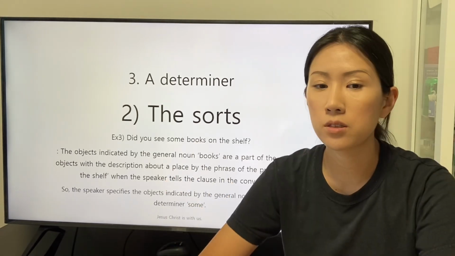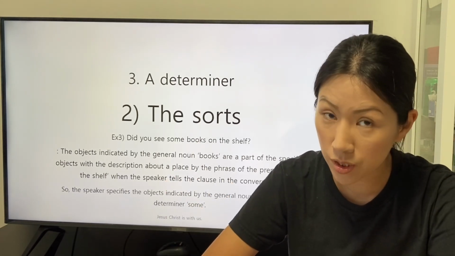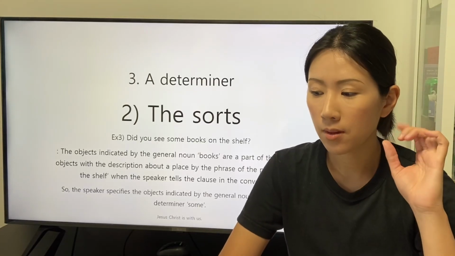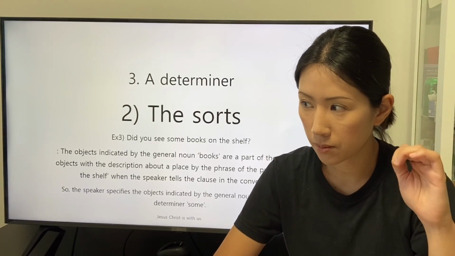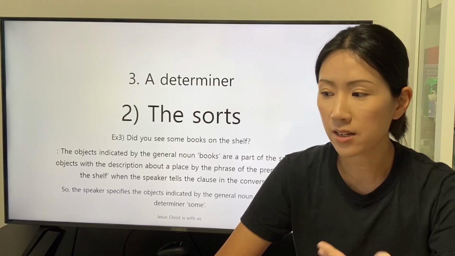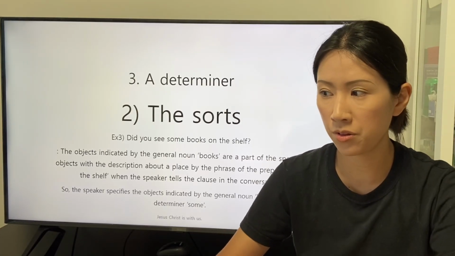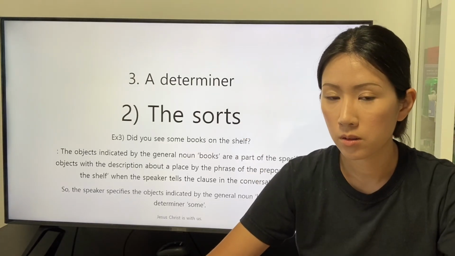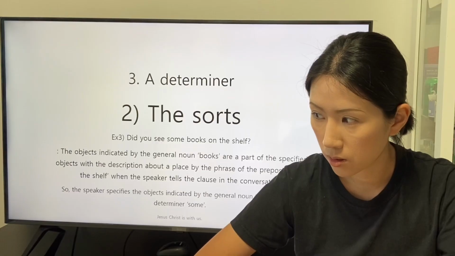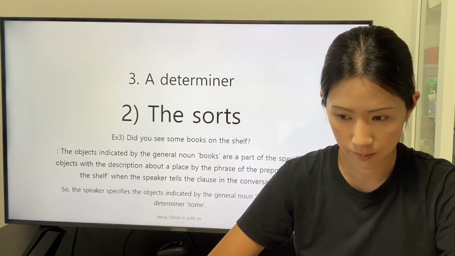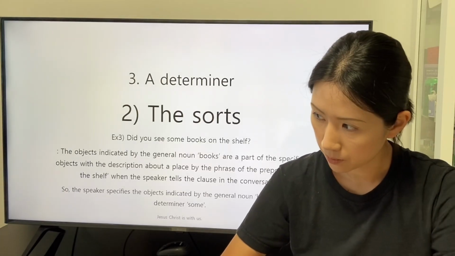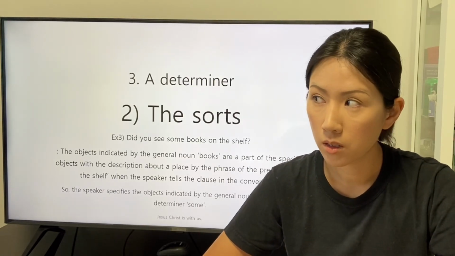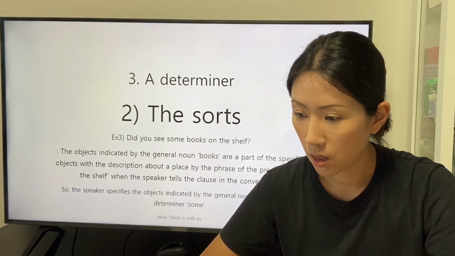The focus of the speaker for the object indicated by the general noun was not deepened into a part of the entire object. So we can understand that the application of the determiner any to reveal that the range of the object is not predetermined by the speaker as a premise was suitable.